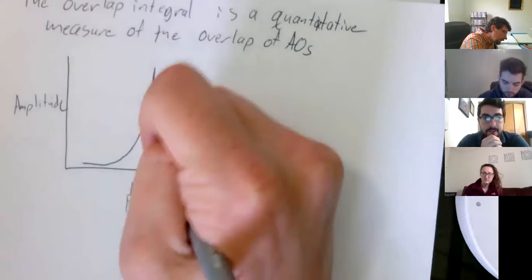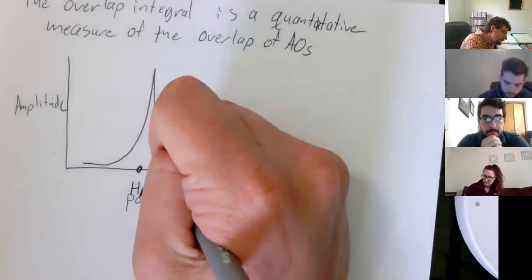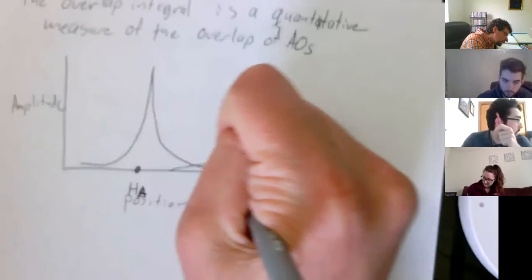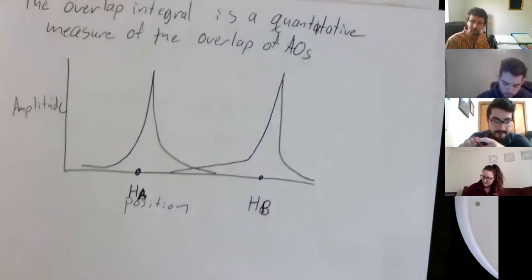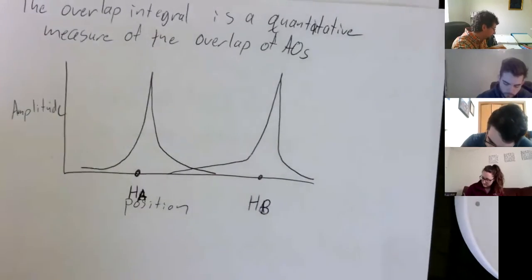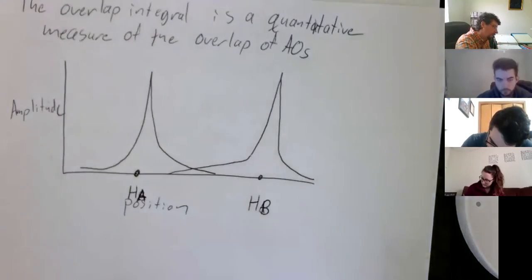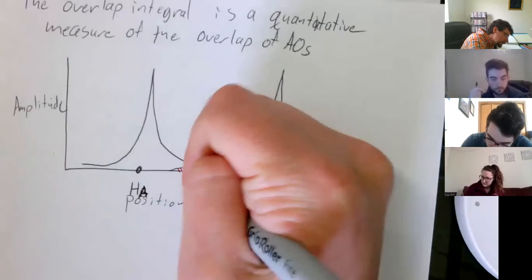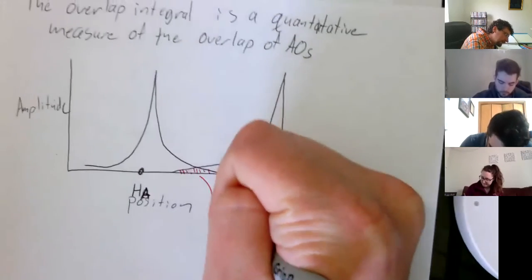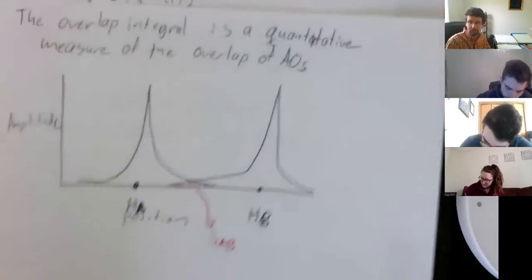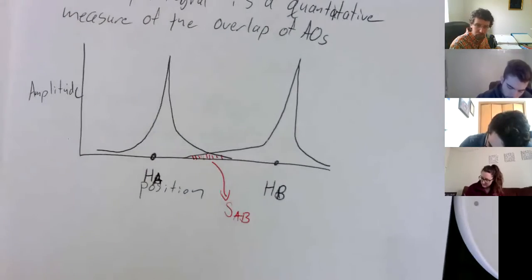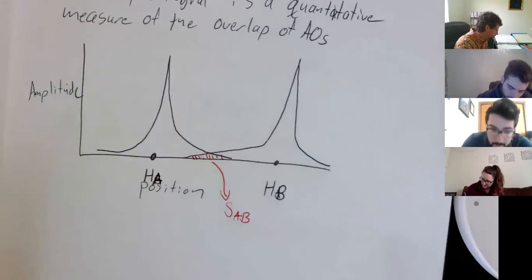Okay, and then it should be mirrored over here, which I did a bad job of. And this portion where the two overlap, that's described by SAB, that overlap integral.